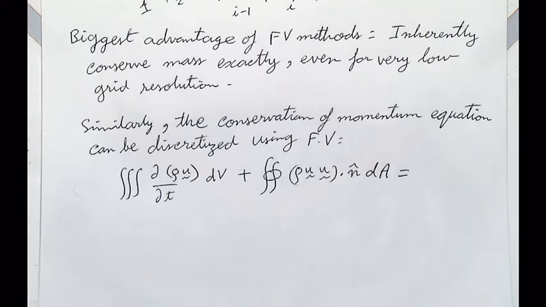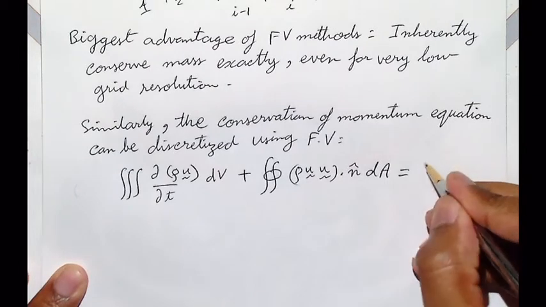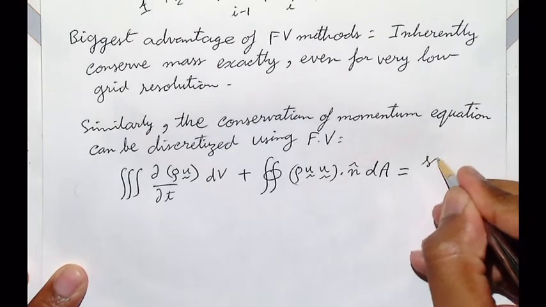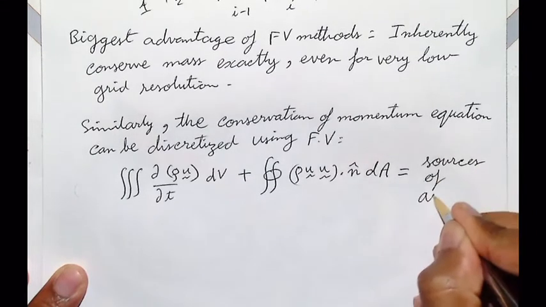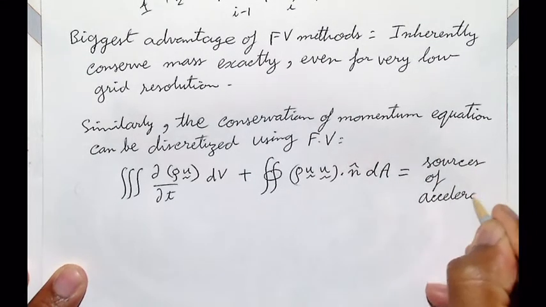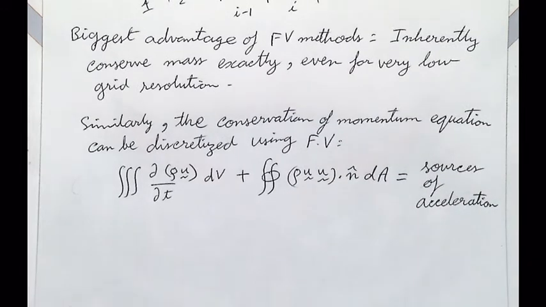The isotropic part is the pressure, and the anisotropic part is viscosity. This will be equal to sources of acceleration. I'm not going to write the nabla p over rho directly. You will actually derive where it comes from.